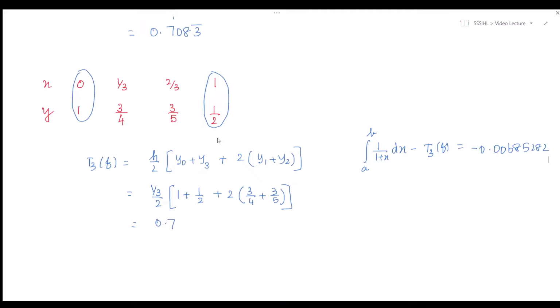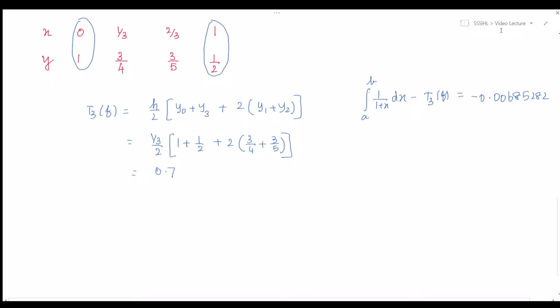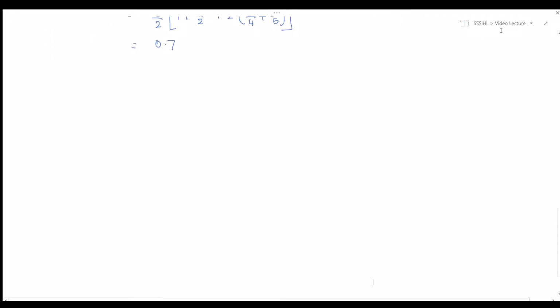So to arrive at the error in evaluating the integral a to b f of x dx using the trapezoidal rule, let us divide the interval a to b into n equally spaced intervals.